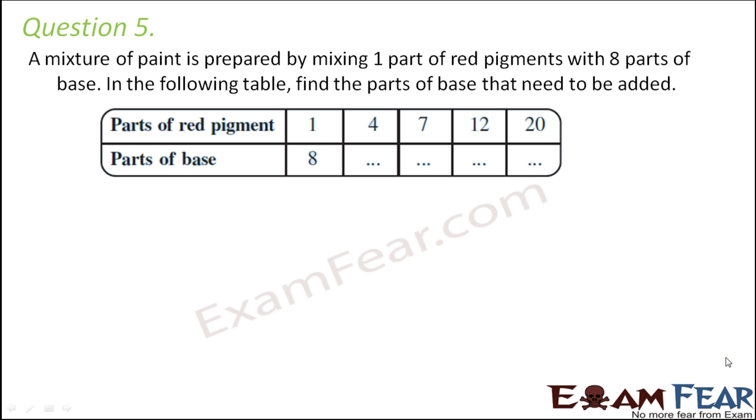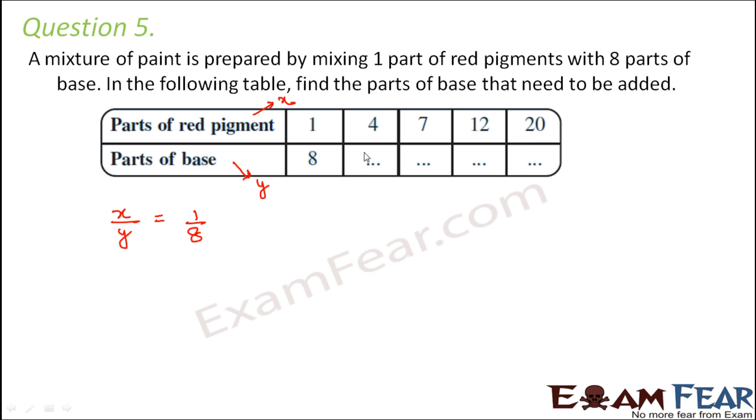So when the red pigment is 1 part, the base is 8 parts. Let's consider red pigment as x and base as y. In the first case, x by y is 1 by 8. So we have to maintain the same ratio for all other values.